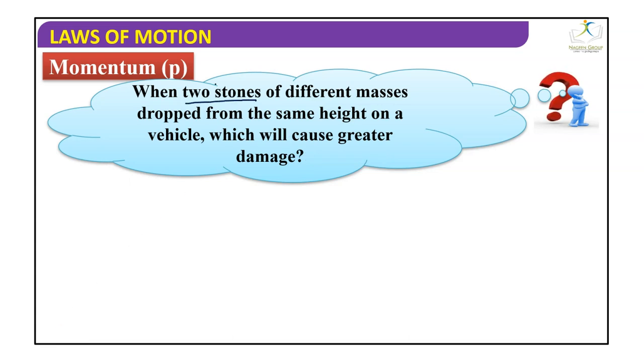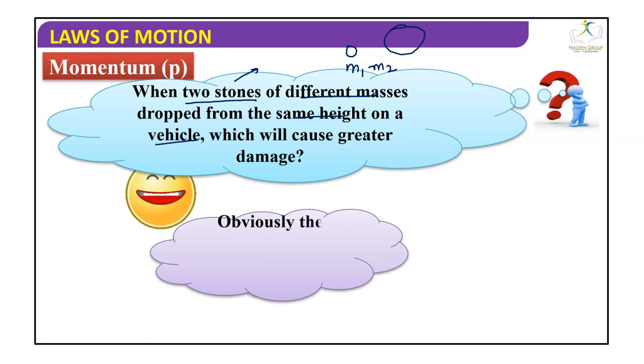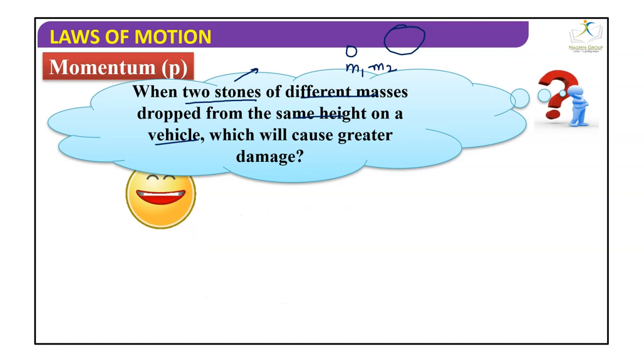Here we have taken two stones, both with different masses, for example mass M1 and mass M2, dropped from the same height on the vehicle. Which causes greater damage? What's your answer? Obviously the larger stone causes greater damage because momentum is directly proportional to the mass.